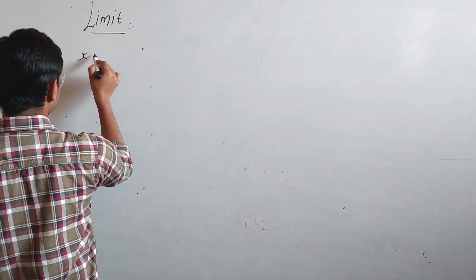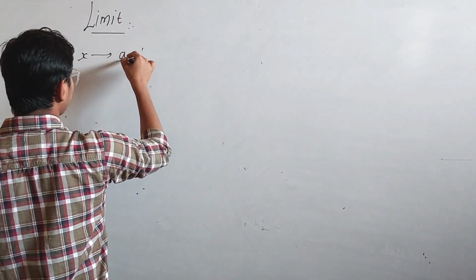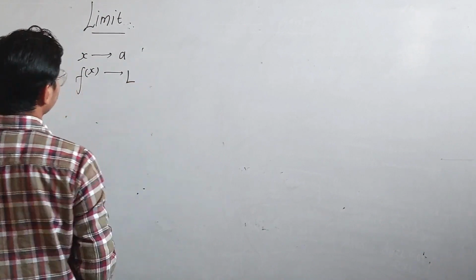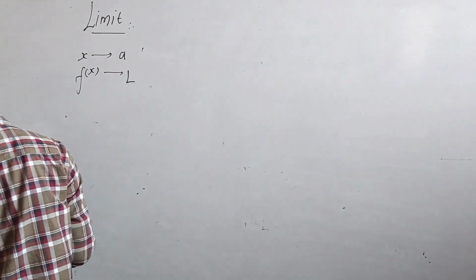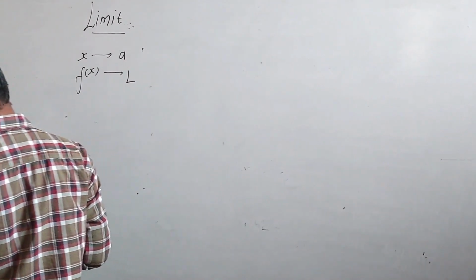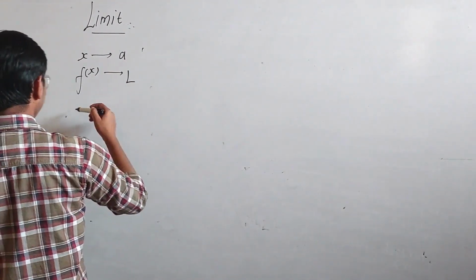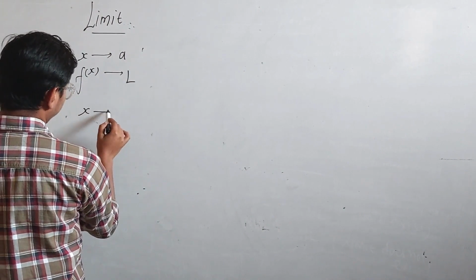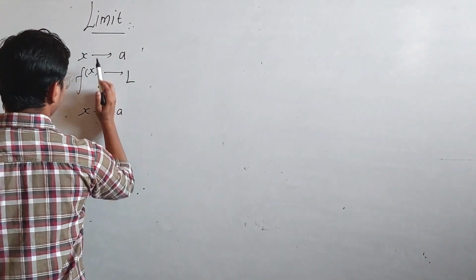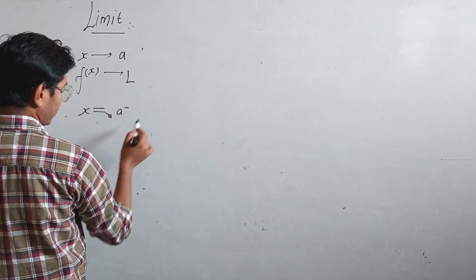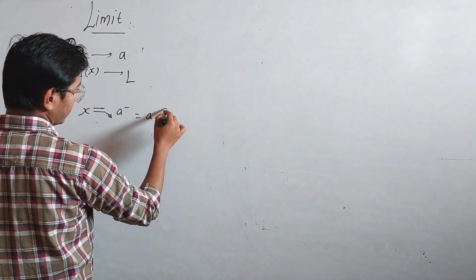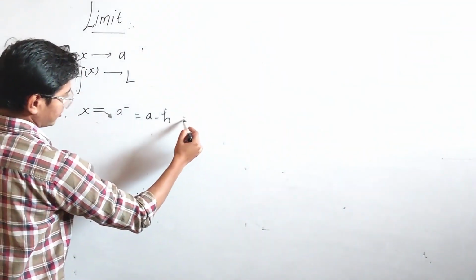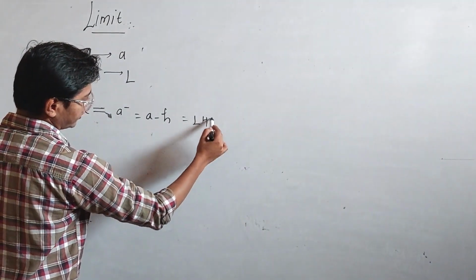so if x is approaching any value a, then f(x) is approaching some value L. The meaning of neighborhood point is, if x is tending to a minus h, this is called the left hand point.